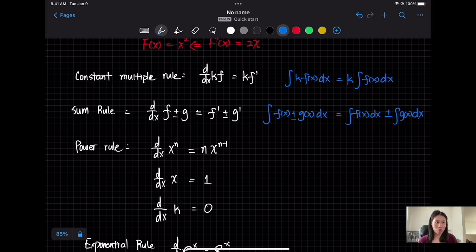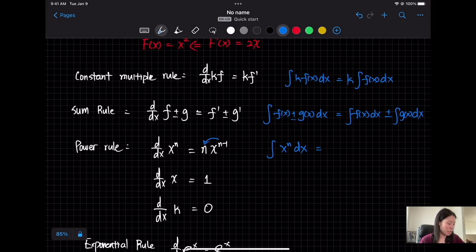All right, for the power rule, now I want to take the antiderivative of x to the n dx. What happens here? If you want to do the derivative of x to the n, you need to pull the n in front and then subtract 1 from the power. Now we're doing the opposite.